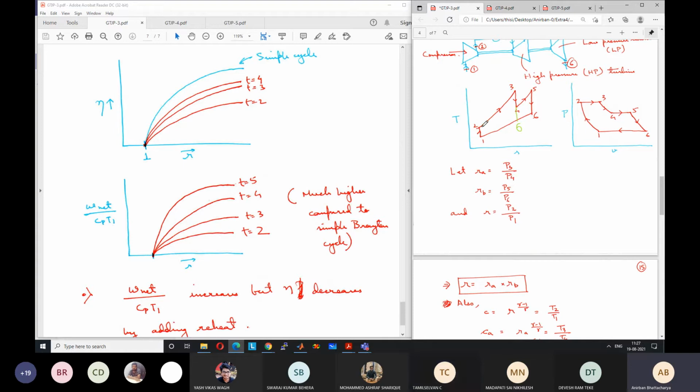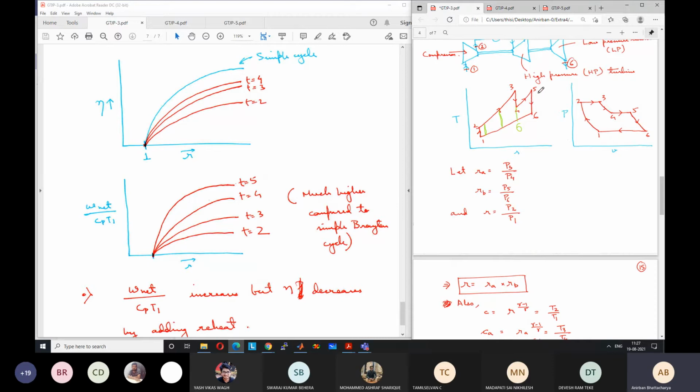So if I have a constant pressure line, and I have the temperature difference here between two constant pressure lines and here, with higher entropy we will have larger temperature difference for the same change in pressure. Because we are going towards the right side, towards more entropy by adding heat.